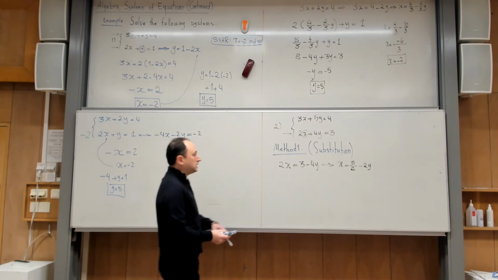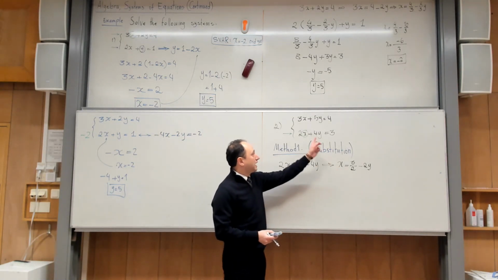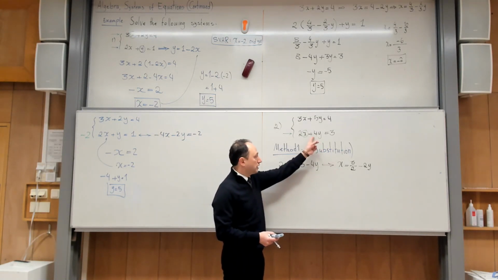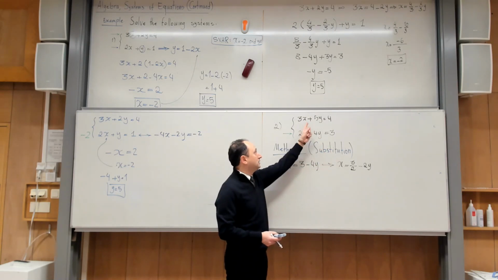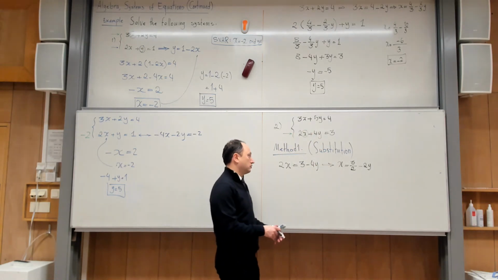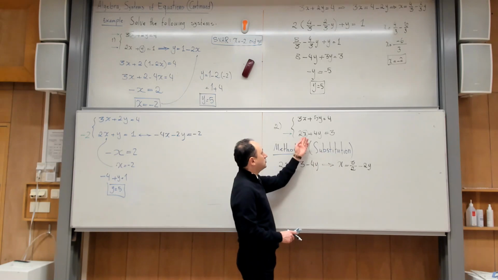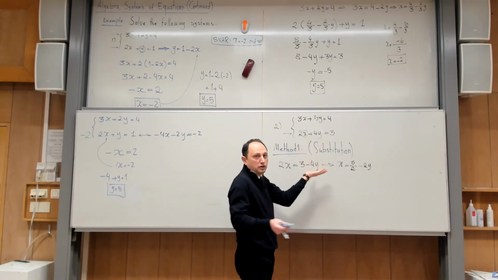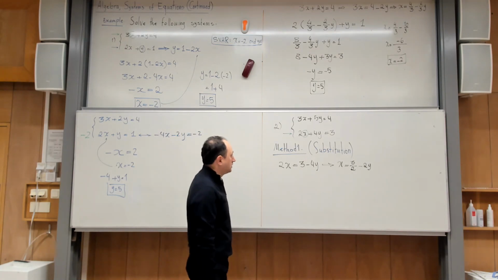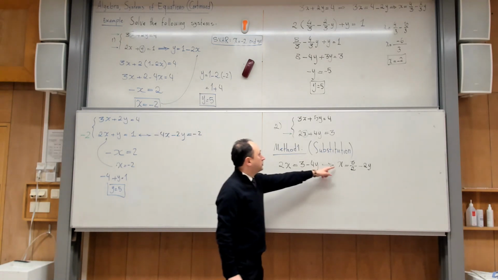But be careful, you are not allowed to put it back in the equation that you have used right now. You have to put it back in the equation that you haven't used so far. If you put it back in the equation that you have used, you get a true equality independent of what you want to calculate. So I have to put it back in this.